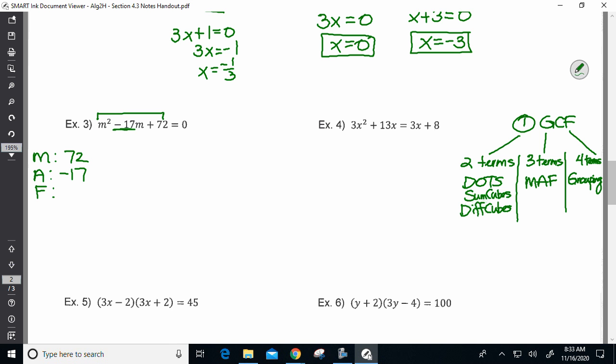Turn y'all factoring brains back on. Negative 9, negative 8. That sounds beautiful. Negative 9, negative 8. The leading coefficient is 1, so you would be dividing these by 1, but that doesn't change anything. m minus 9, m minus 8, equals 0.